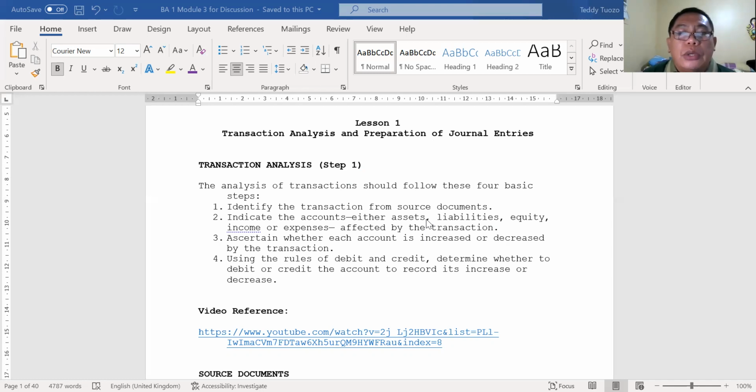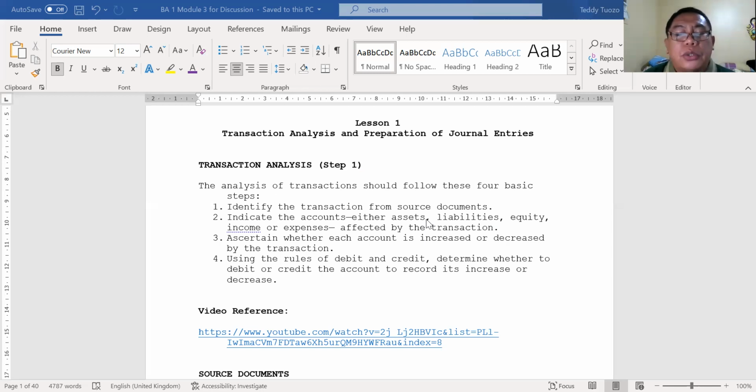Number 4, using the rules of debit and credit, determine whether to debit or credit the account to record its increase or decrease. I will expound on step number 4 later on when we prepare the journal entries. Before recording the journal entries, first, let's have a review on the rules of debit and credit. And the one that I've said, every debit is always equal to the value received, and all value parted with are credit entries.